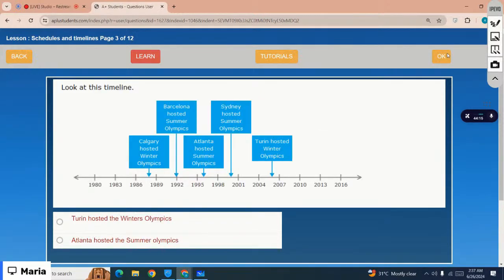Look at this timeline. Did Turin host the Winter Olympics or did Atlanta host the Winter Olympics? Which is the correct option? Option 1 or 2?